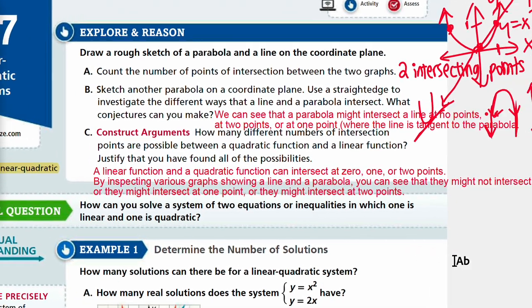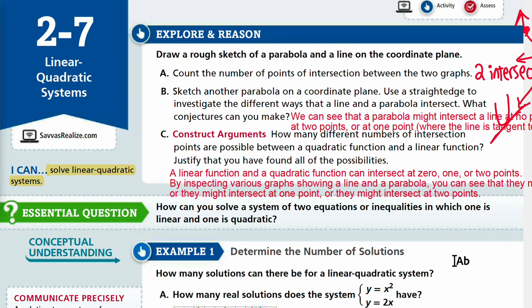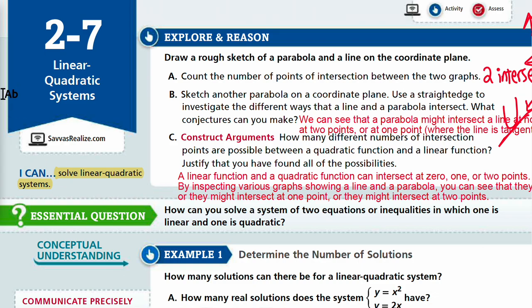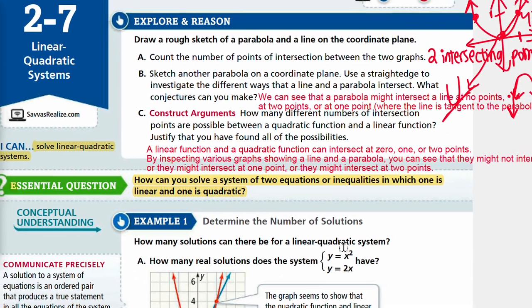So let's think about the essential question for this lesson. How can you solve a system of 2 equations or inequalities in which one is linear and one is quadratic? We'll look at the algebra part of this.